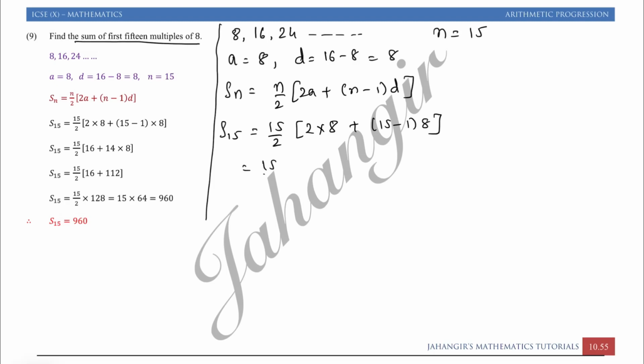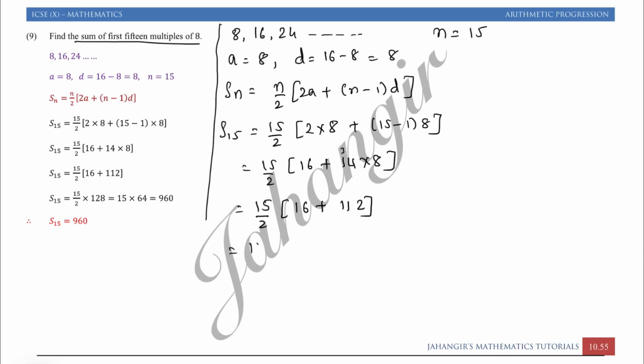So 15 by 2, 16 plus 14 into 8. So 15 upon 2 in bracket 16 plus 112.